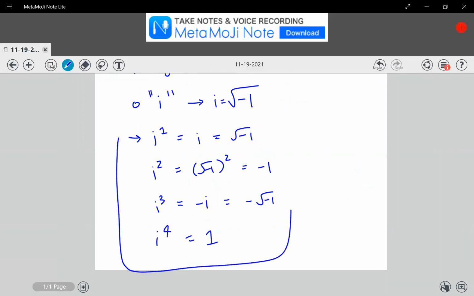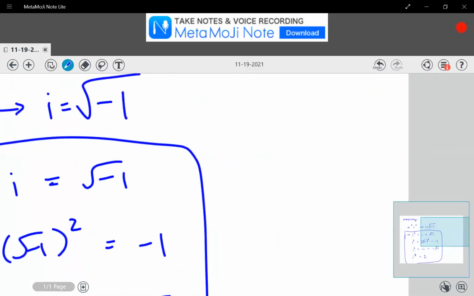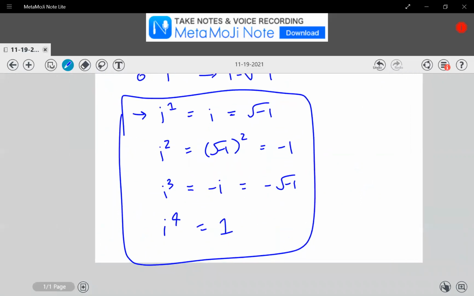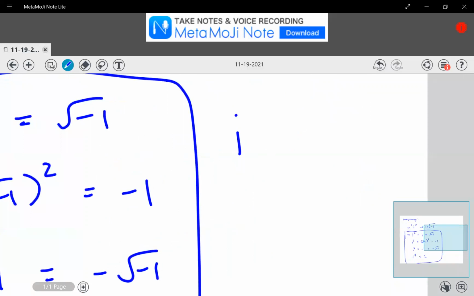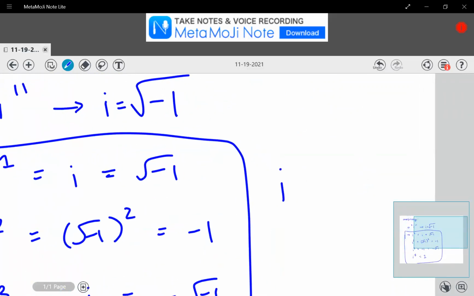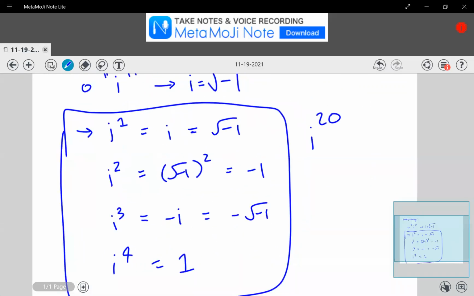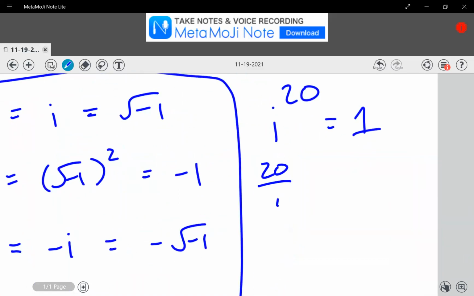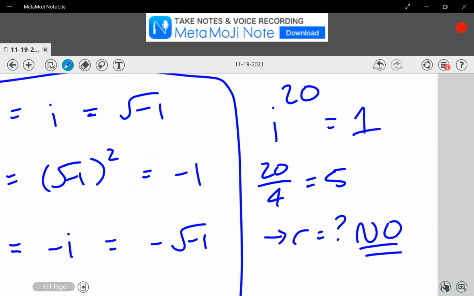And a really easy way that we can find the value of any i to the power of whatever is by dividing this exponent by the number 4. For example, if we have i to the power of, let's say, 20, well, that's going to be equal to 1. How do I know? 20 divided by 4 is 5. Are there remainders? No. There are no remainders.